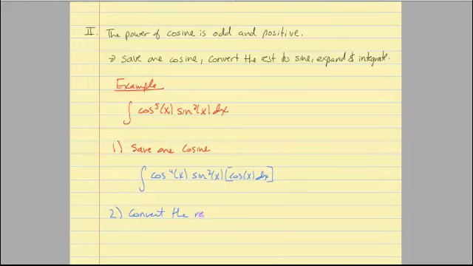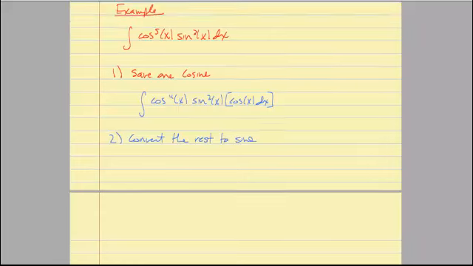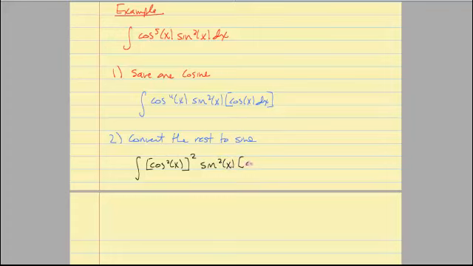We're going to convert the rest to sine by using a Pythagorean identity. So we're going to take cosine to the fourth, and we're going to think, okay, cosine to the fourth, that's the same as cosine squared, squared, sine squared of x, cosine of x dx.